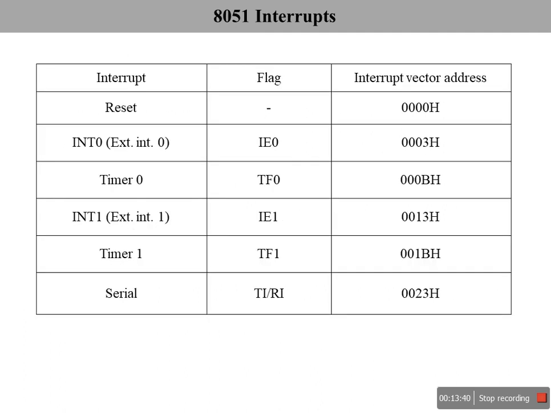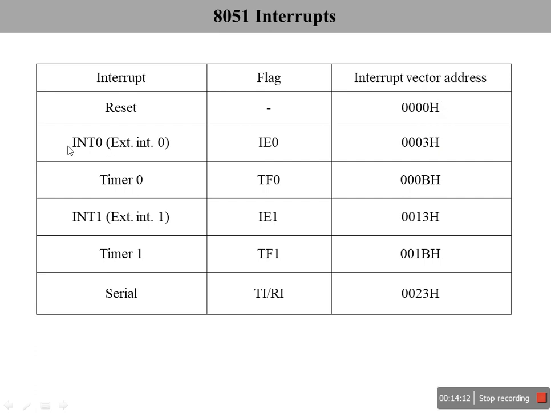Looking at the broad classification, any interrupt can be classified as a vectored interrupt or a non-vectored interrupt. Interrupts which do not have any predefined addresses are called non-vectored interrupts. Interrupts which have predetermined addresses are vectored, like in the 8051. Whenever a reset interrupt is generated, it goes to a particular location predefined by the hardware.